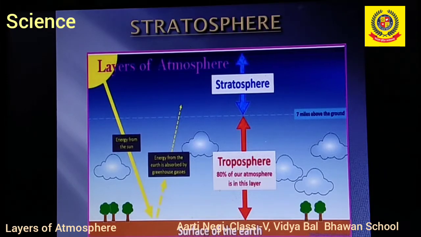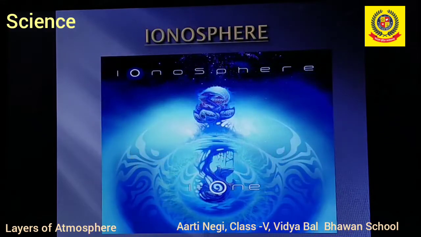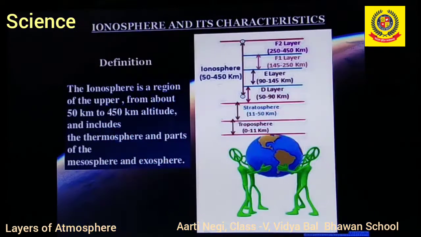Now come to the next layer, that is ionosphere. Ionosphere actually reflects radio waves back to the earth. With the help of this, radio signals can be sent around the world.